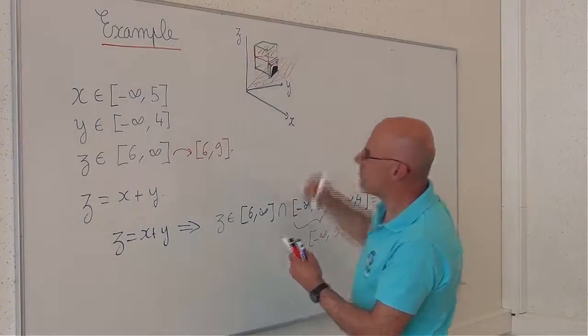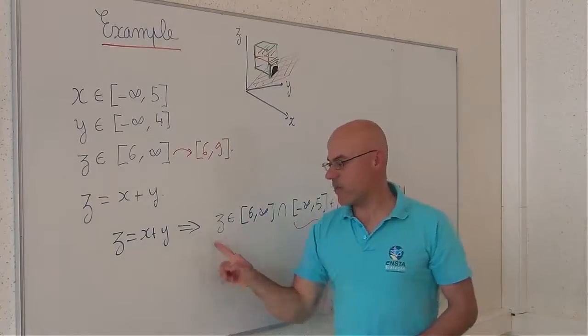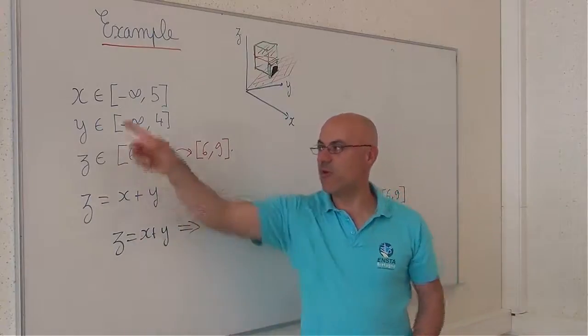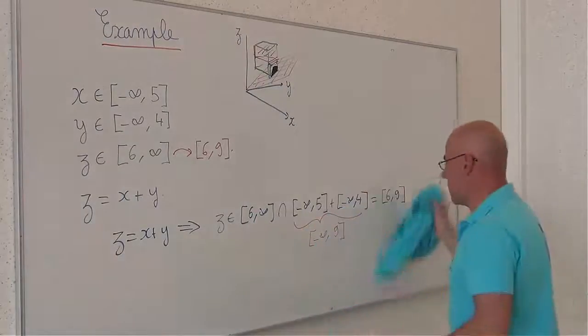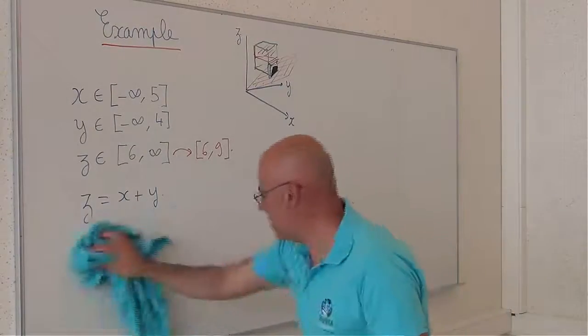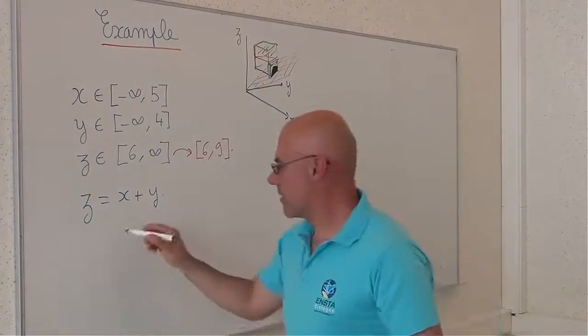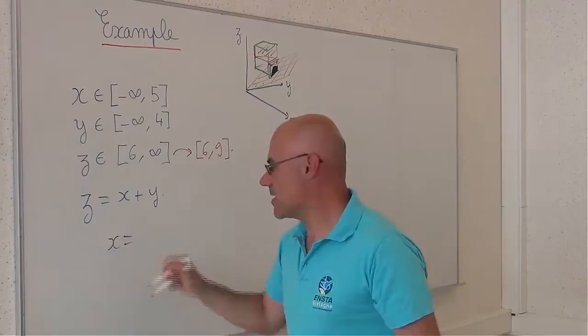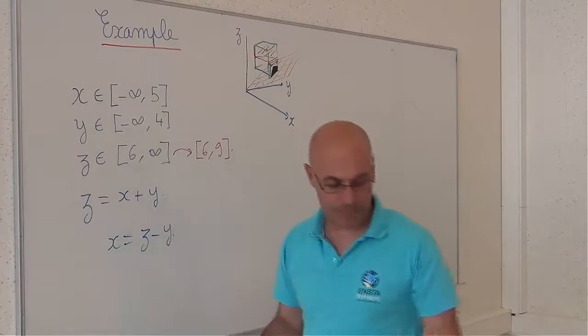Or equivalently, I made this contraction. I remove this. Okay. What I have done for z, I will have to do also for x and y. So let me do it for x. x is equal to z minus y.